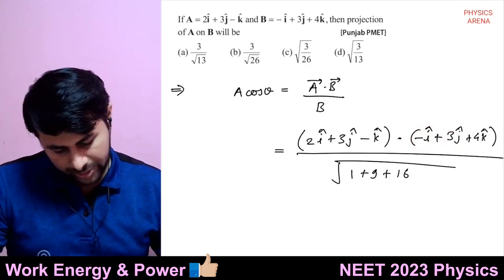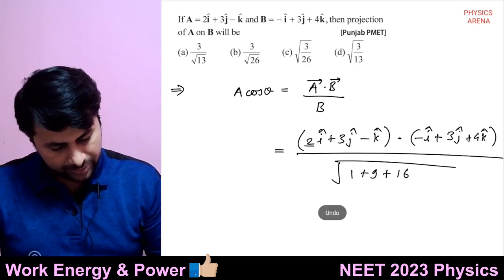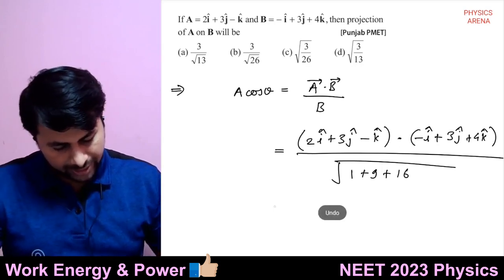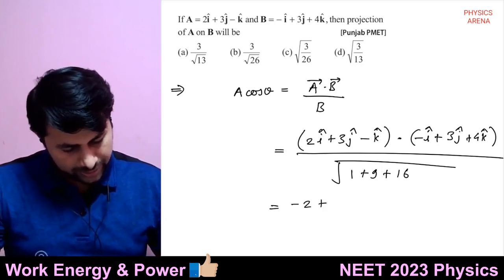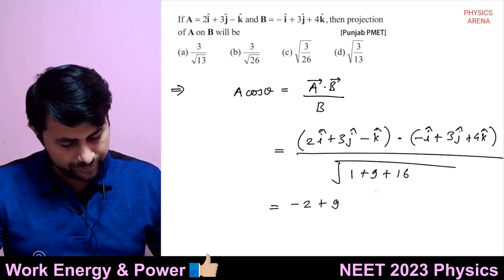So option B. Let's check: 2 times minus 1 is minus 2, plus 3 times 3 is 9, minus 1 times 4 is minus 4.